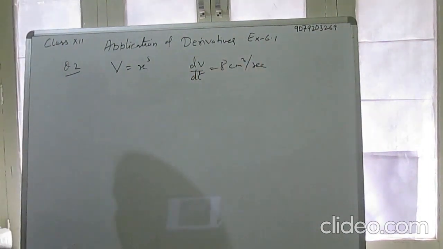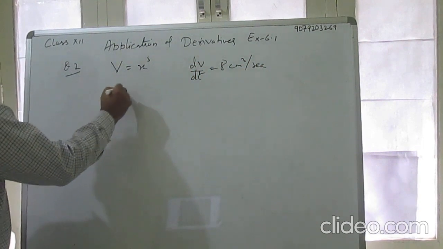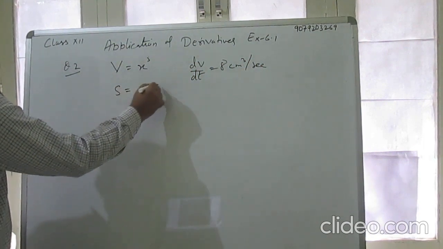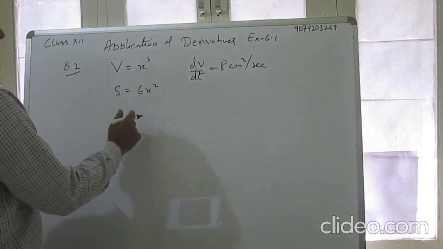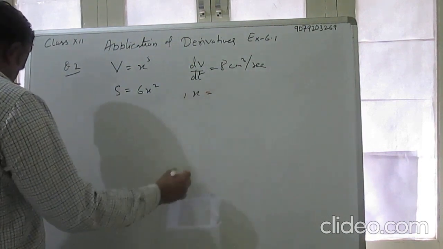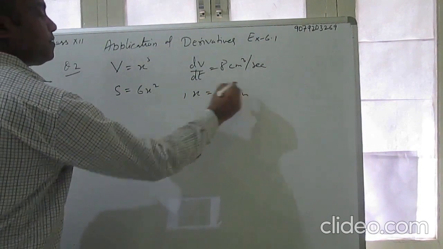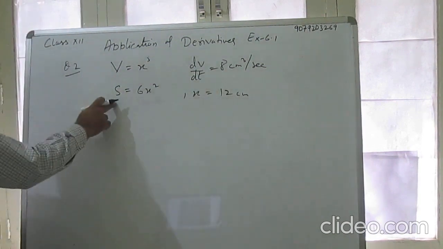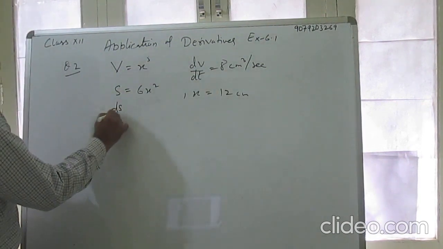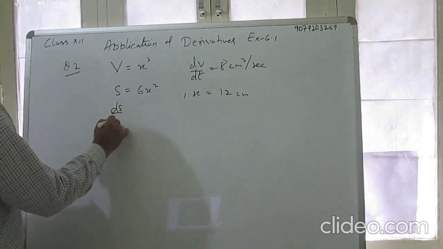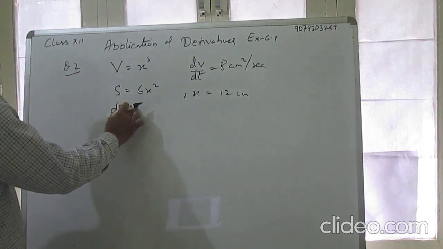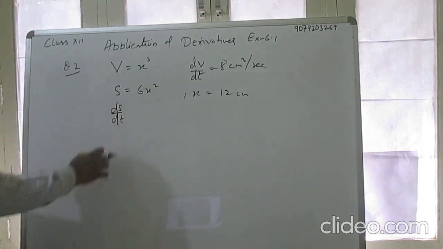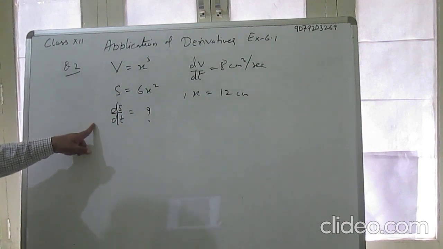How fast the surface area is increasing when the length of the edge x is given to you 12 centimeter. So dS by dt you have to find out, how fast the surface area is increasing, this you have to find out.